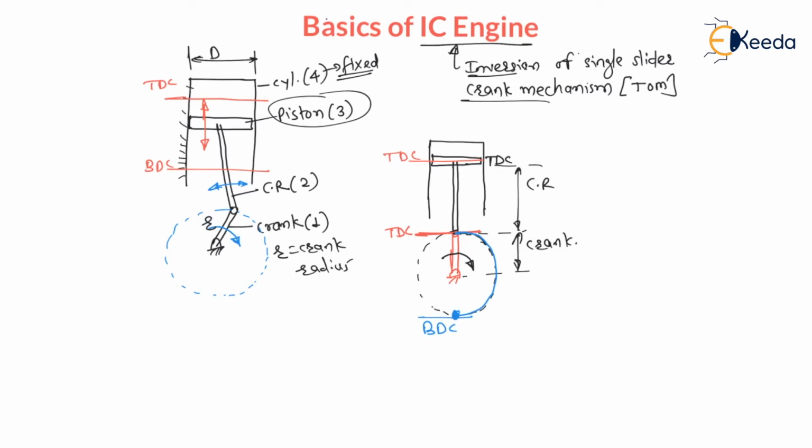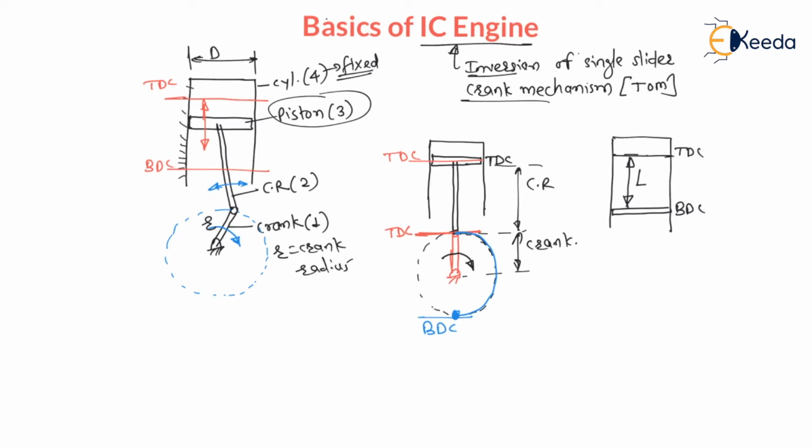Let us understand again diagrammatically. During rotation, from top dead center to bottom dead center, the piston comes to the bottom dead center, and this distance is called stroke or stroke length, right?